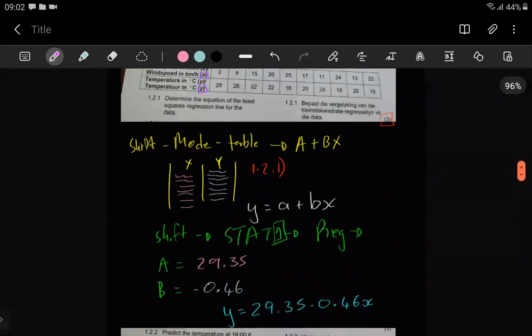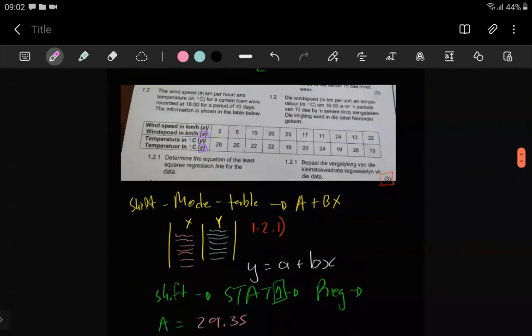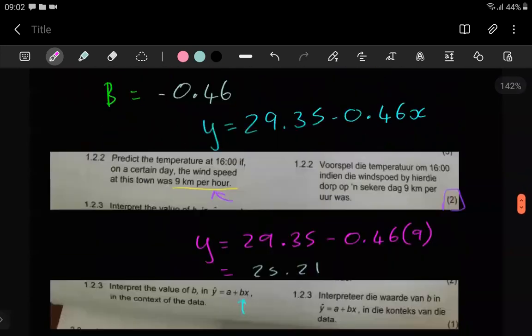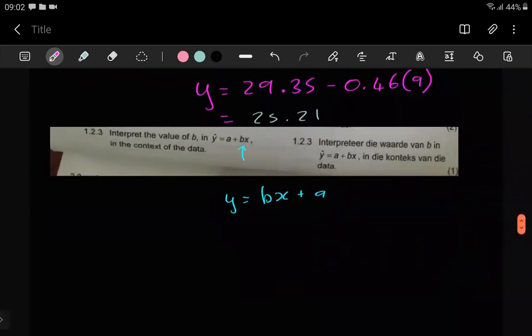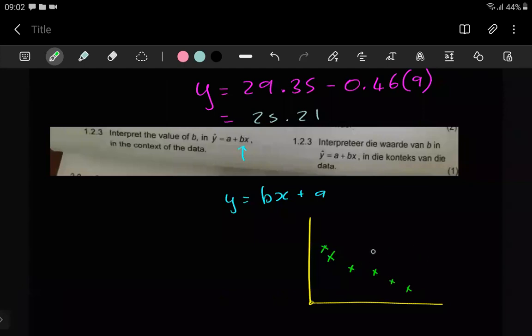So when you're thinking of it in the context of the data, we want to think to ourselves, remember, if b is negative, it means that if you were to plot data on this Cartesian plane, your data would look something like this.